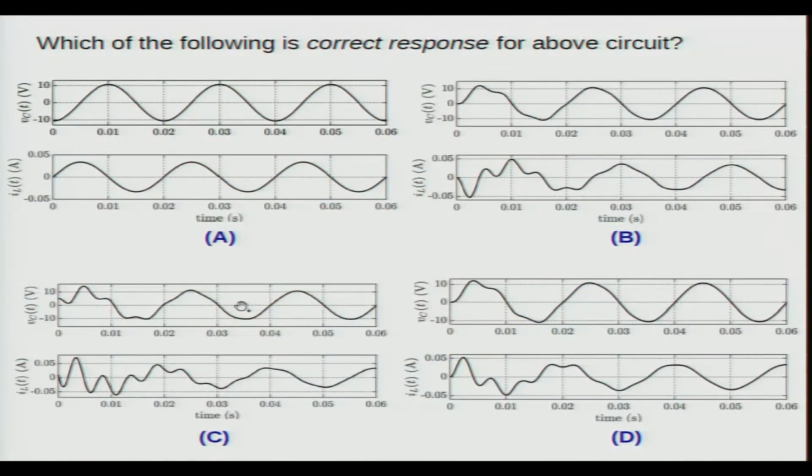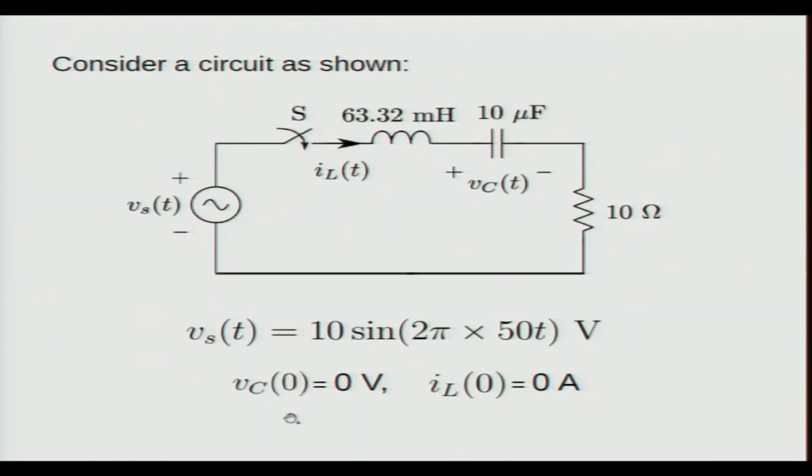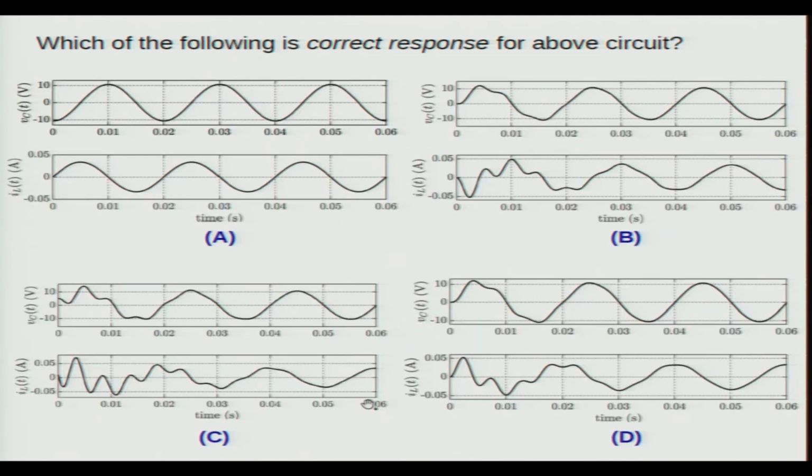So, B is eliminated. What you see in these 4 responses is also that in the first response, the voltage at the beginning is minus 10 at time t equal to 0. This does not satisfy the initial condition which you have mentioned earlier. So, this cannot be the correct response.